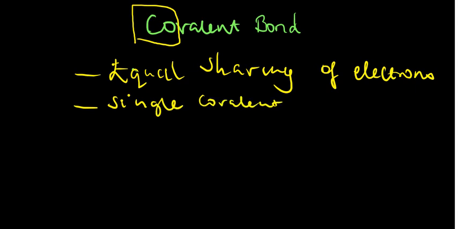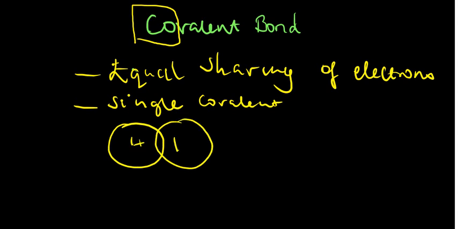If it's single, it means, for instance, you have hydrogen here and another hydrogen there. It means you have two atoms that are sharing two electrons. So this is a single covalent, which is denoted like this.